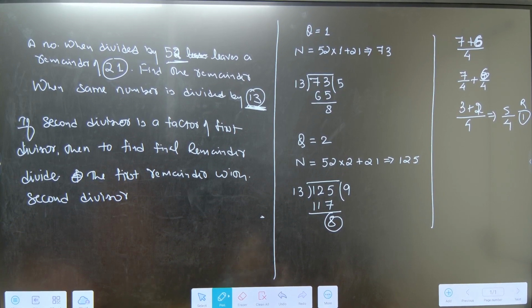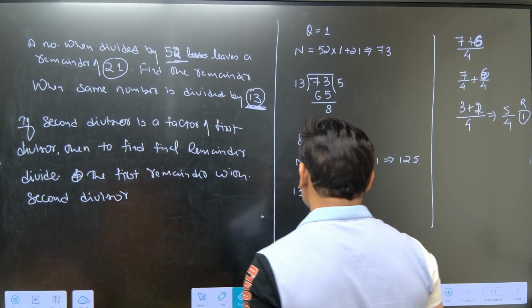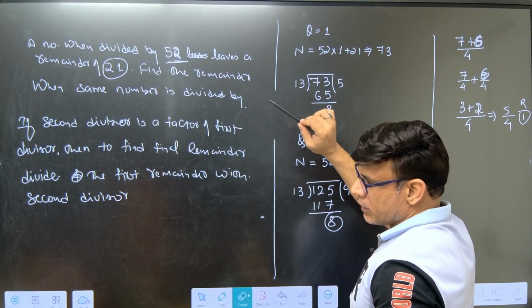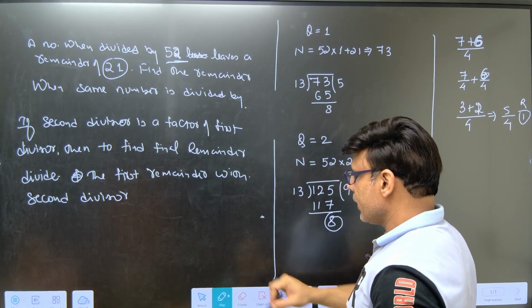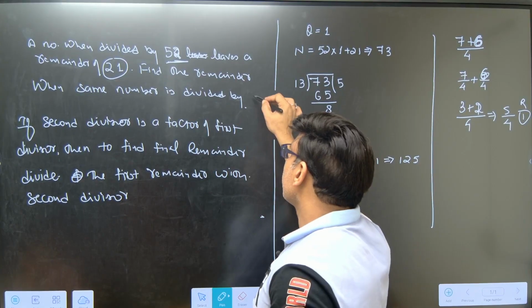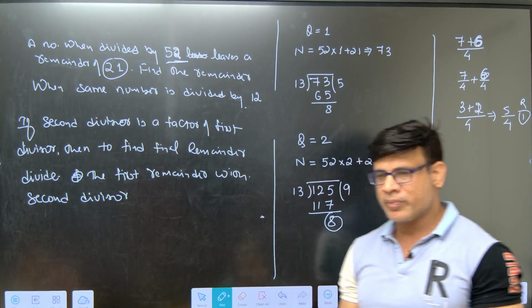Done? Okay. Now if I change the divisor, instead of 13, if I take some number which is not a factor of 52, let's say 12. 12 is definitely not a factor of 52.